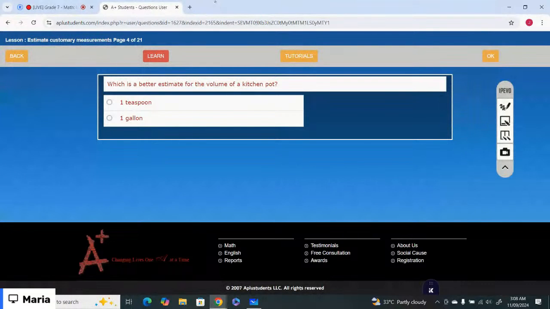That is 1 gallon. Why can you not open the test? You can log out of A Plus and then log in again.